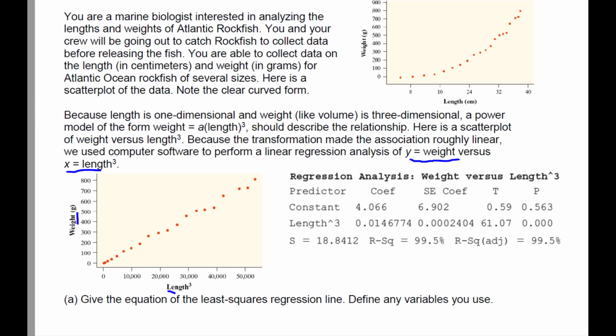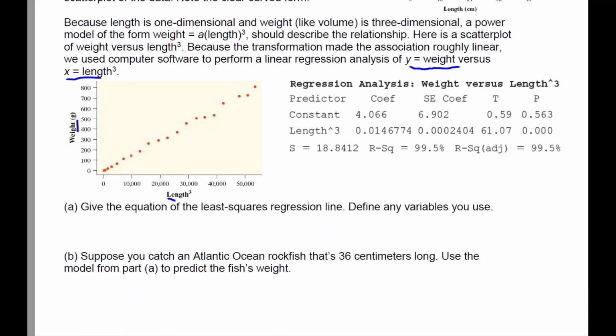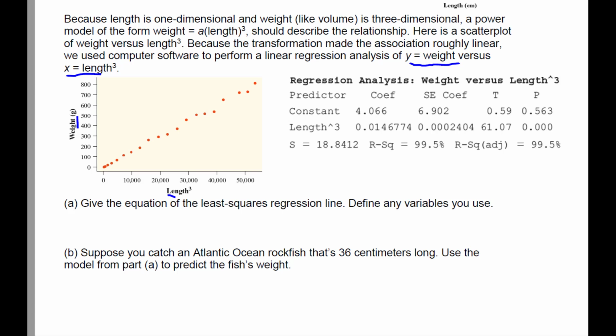In part A, it says give the equation of the least squares regression line and define any variables used. In other words, I want you to define what your y and your x values are. Now let's look at our table, as we talked about in 12.1.